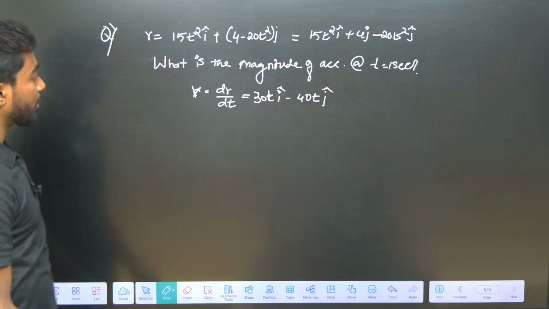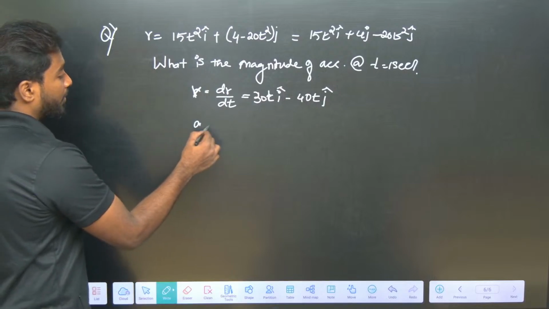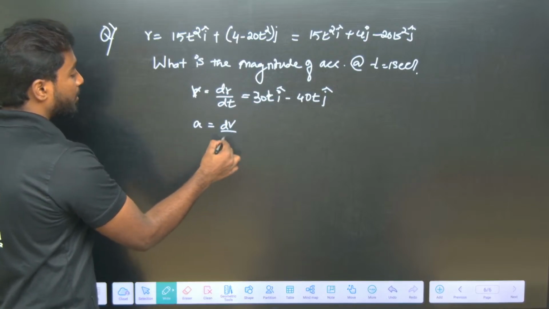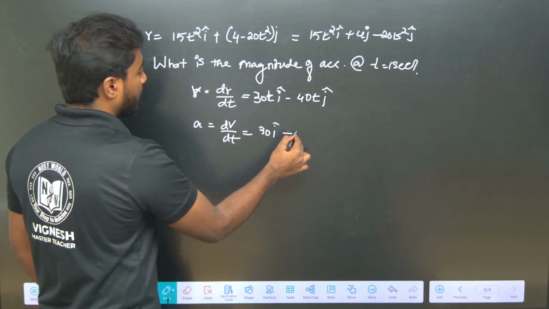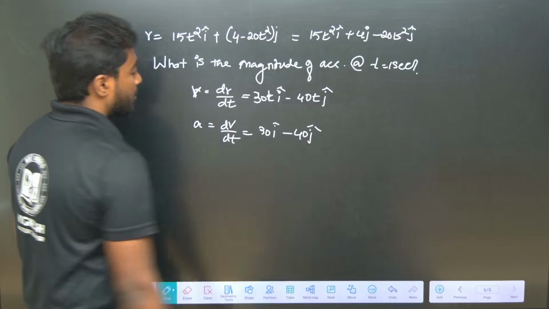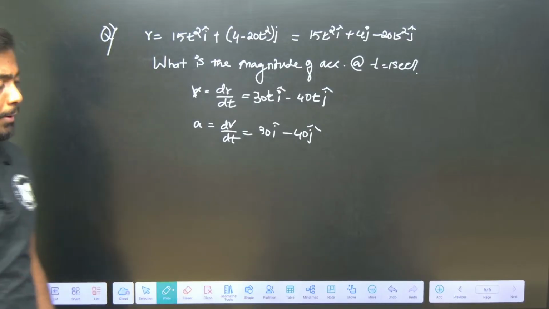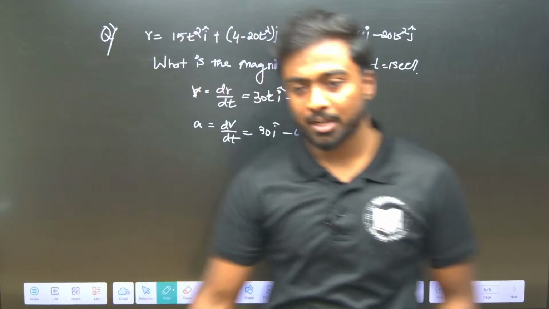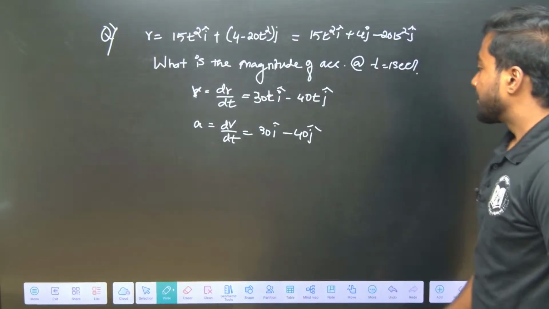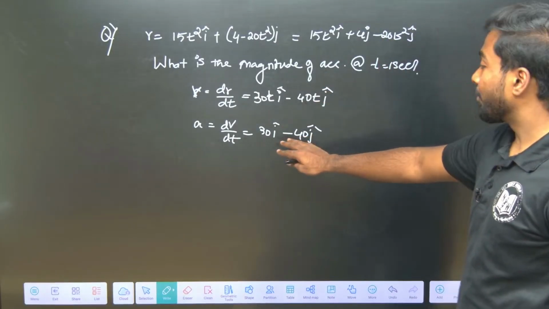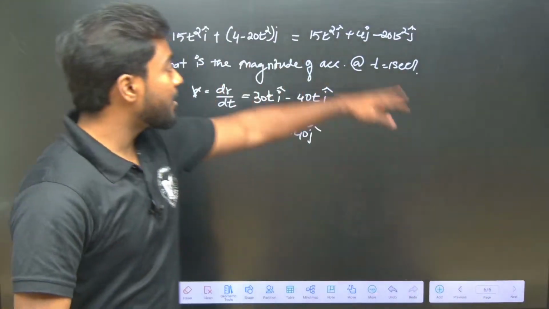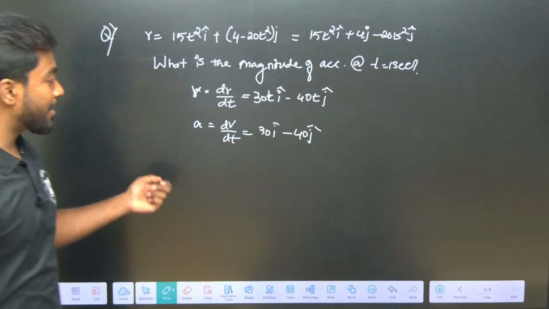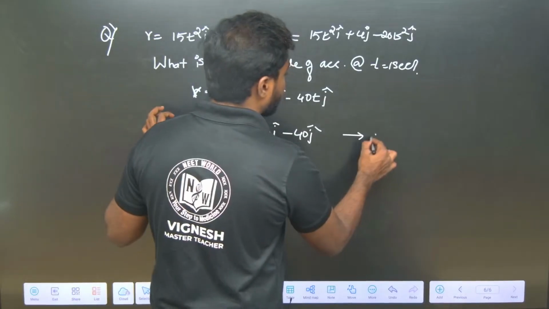A will be equal to dv by dt. So 30 i cap minus 40 j cap. There is no t in the acceleration, so the acceleration will not change with respect to time at t is equal to 1 second. So I can say this is a constant acceleration.